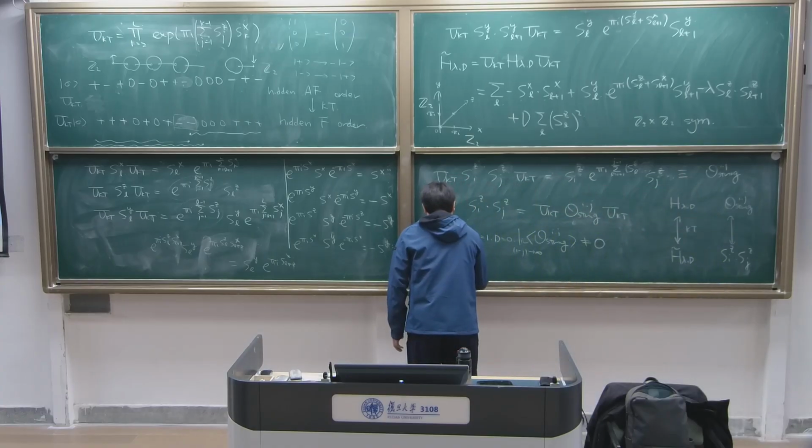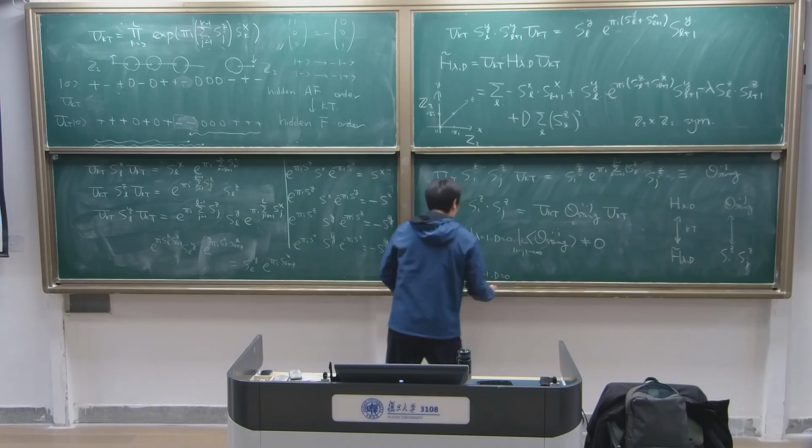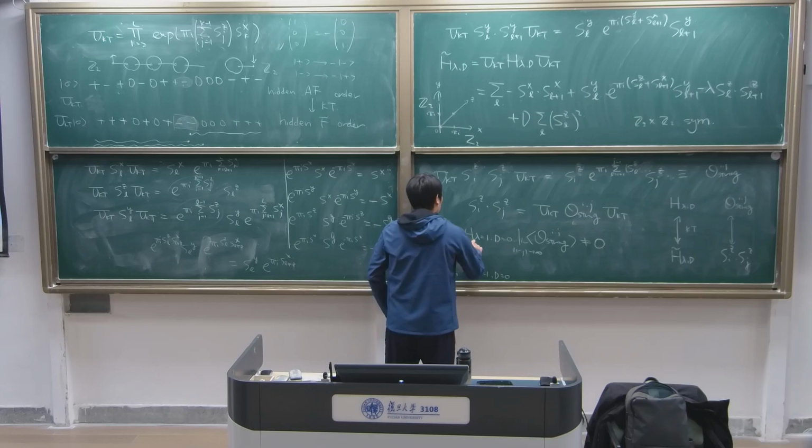So go to the zero side, lambda is equal to 1 and D equal to 0, and you just put in that Kennedy-Tasaki transformation.